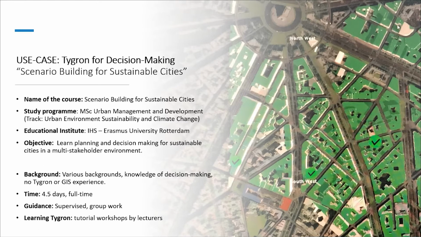So actually for a few years now, IHS has been using the Tygron platform as a scenario building tool within its urban management tools for climate change short courses, which I attended also 2 years ago.